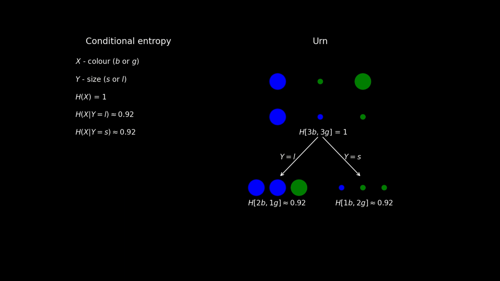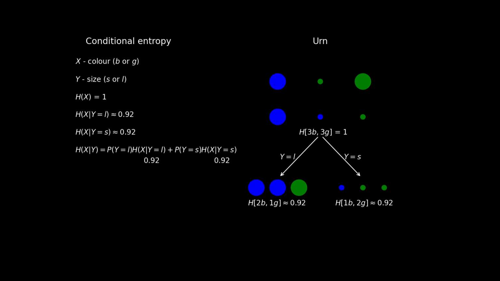What is interesting here is that it doesn't matter if we know the ball to be large or small. As long as we know what size it is, the entropy of x decreases. And this is exactly what conditional entropy is: the weighted average of all the specific conditional entropies.